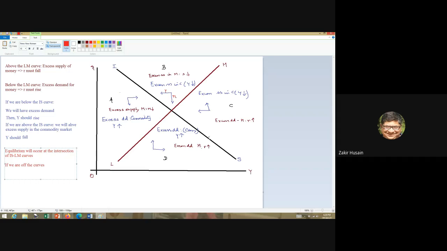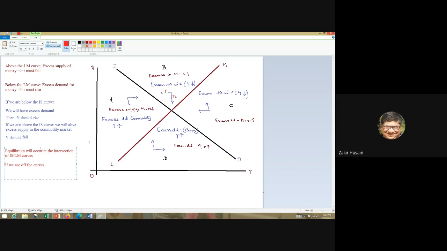And if we are over here, there is excess demand in the money market, and excess supply in the bond market. Over here, on the LM curve, excess demand in the goods market, and in the bond market we are in equilibrium.